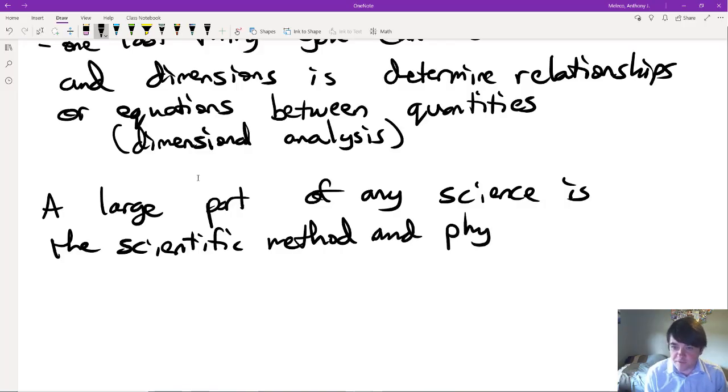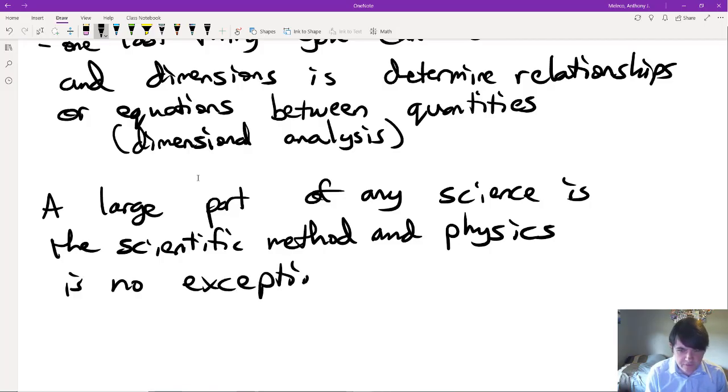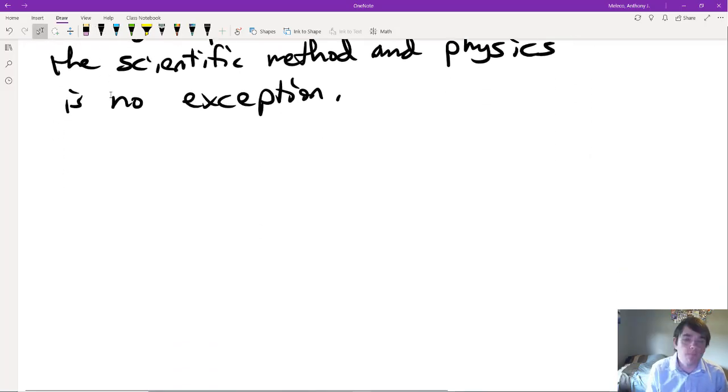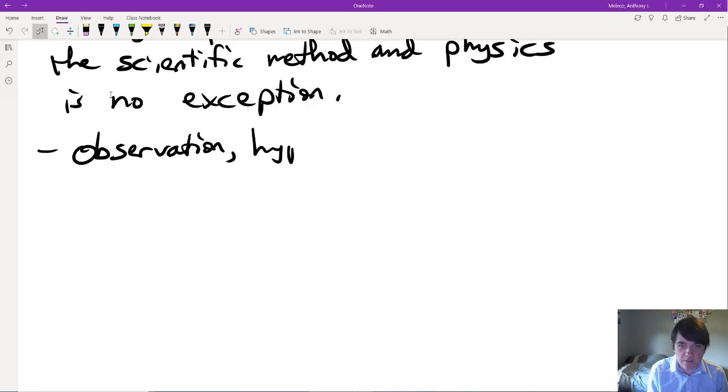And physics is no exception to this, okay? Physics has a scientific method as well. There's observation, right? You're observing something happening. There's hypothesis, coming up with reasons, okay, that it could be happening.